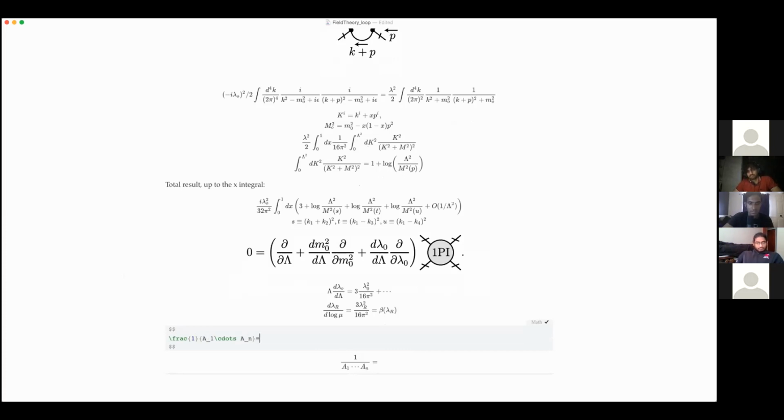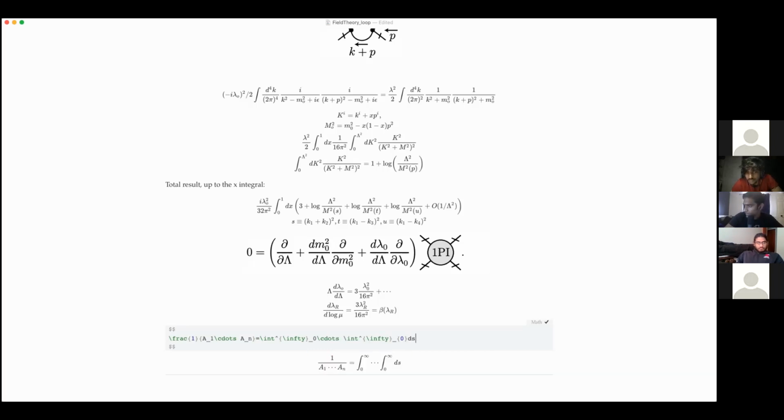It is basically the integral from 0 to infinity, times ds_i, where i goes from 1 to n.